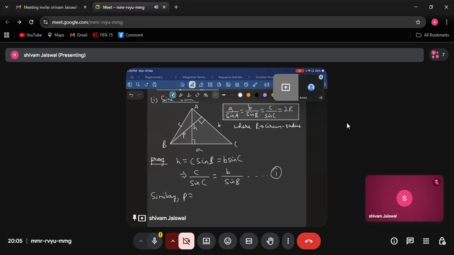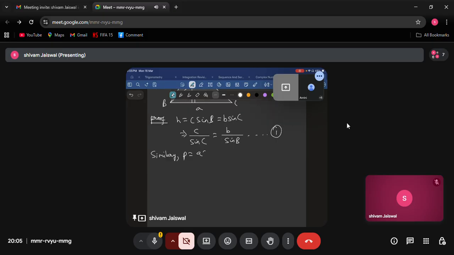P is equal to A sine C, which is equal to C sine A. This is number 2. So from here I'll get A by sine A is equal to C by sine C. Let us call this equation 2.